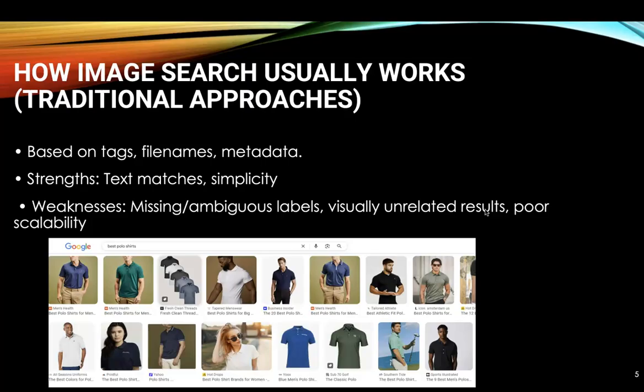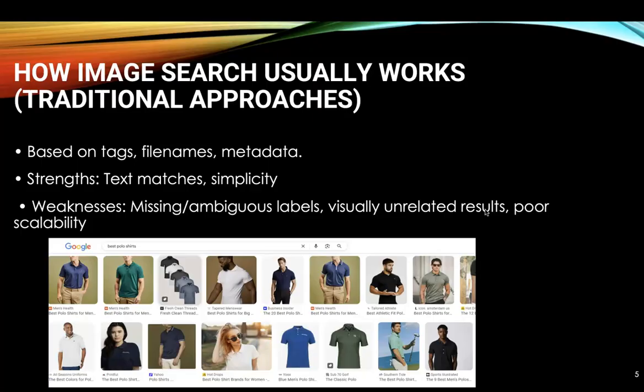How does image search usually work? Usually, image search can be based on a few tags, which are file names, and also the metadata, the data which is built into those images. What are the strengths here? Text matches are very simple. You can easily figure out an image using the file name and the metadata.